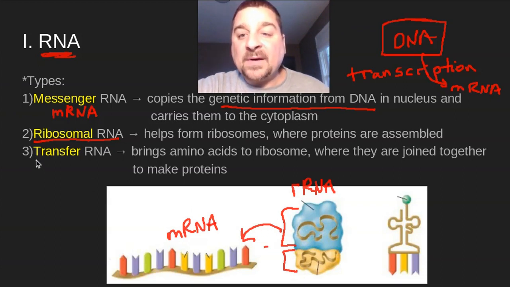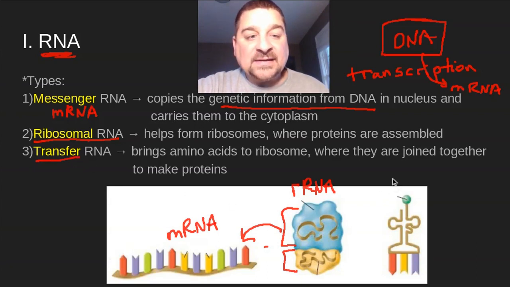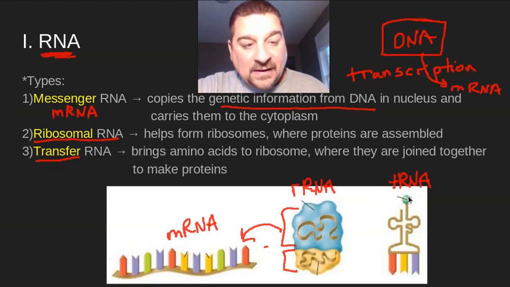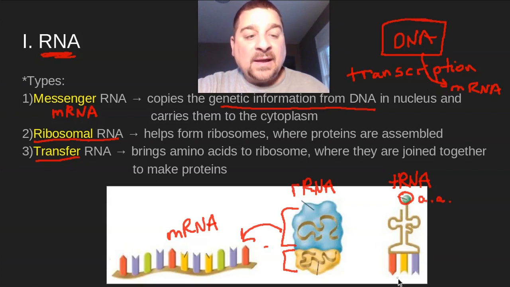The third type of RNA that helps actually build the protein is the tRNA, which we usually use a lowercase t for transfer RNA. This little ball here on the end is an AA, amino acid. They go out, they have an anticodon, and we'll get into this a little bit more in the next video.